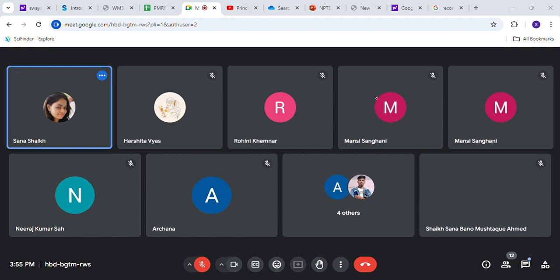So we can write here in chair form. Okay, this is the chair form.